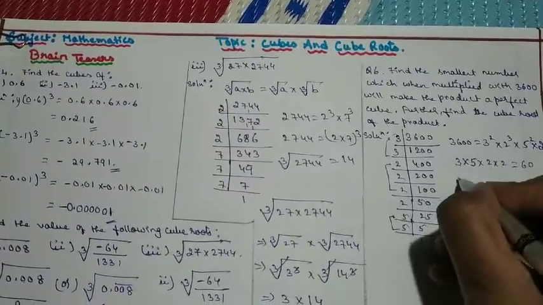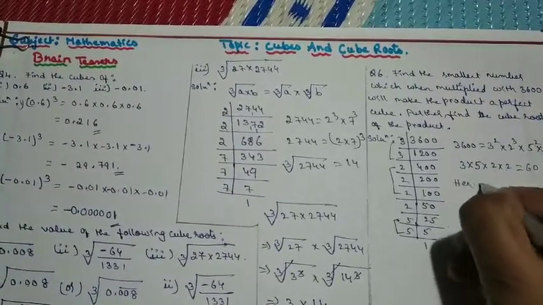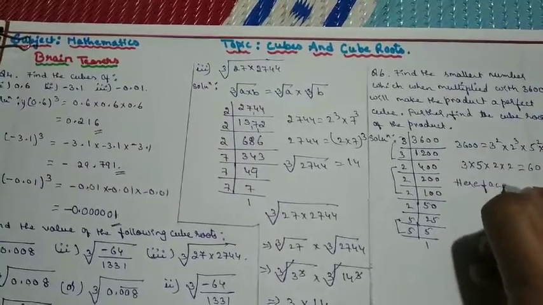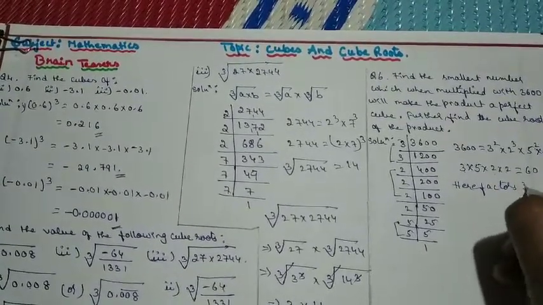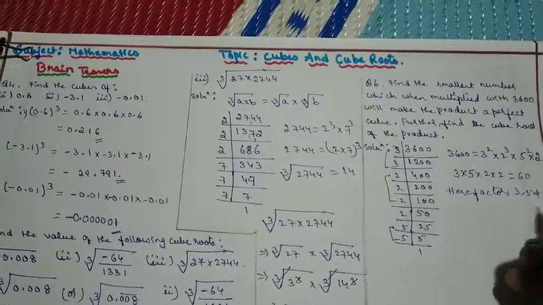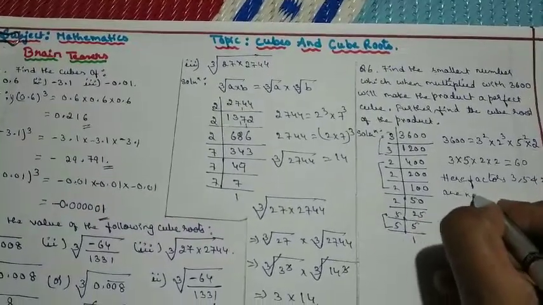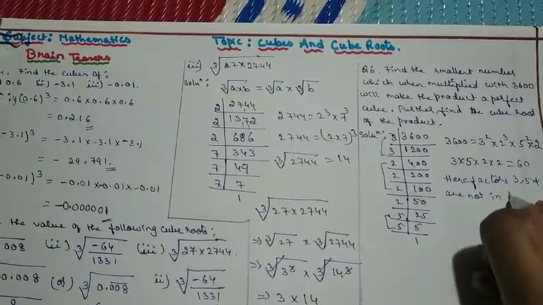So I can write here the factors 3, 5 and 2 are not in triplets.